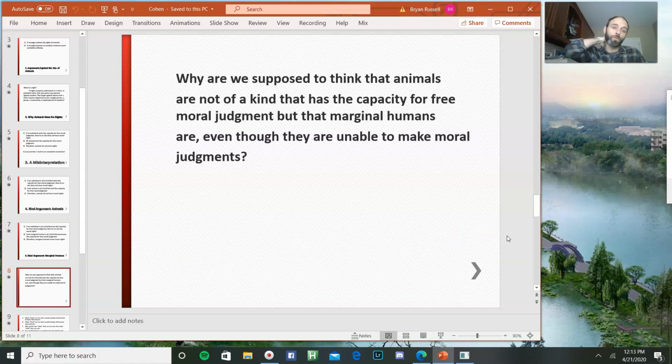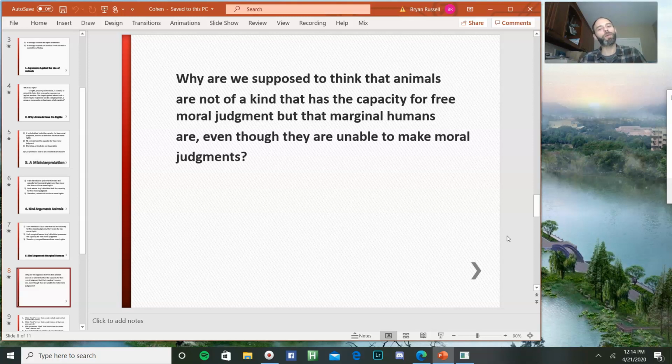What are some potential problems? Why are we supposed to think that animals are not of a kind that has the capacity for free moral judgment, but that marginal humans are, even though they are unable to make moral judgments? Well, to answer this is just explaining his theory. The kind that he has in mind is species. So, a lion is of a kind, whatever the technical name for the species of a lion is, that does not have, there are no lions that recognize rights.